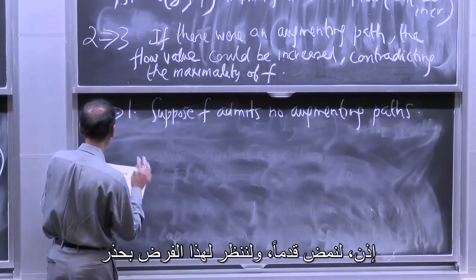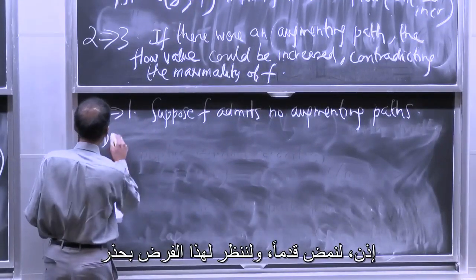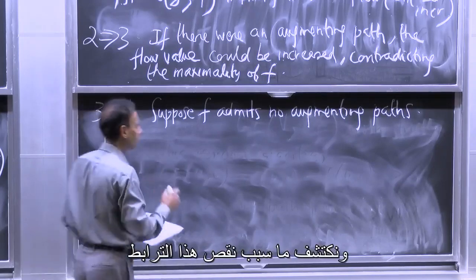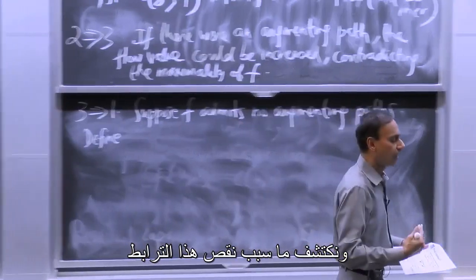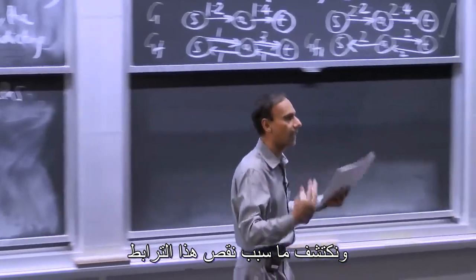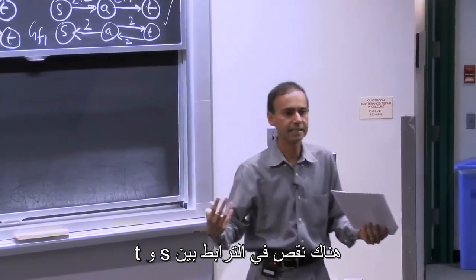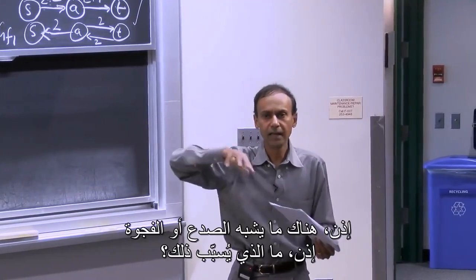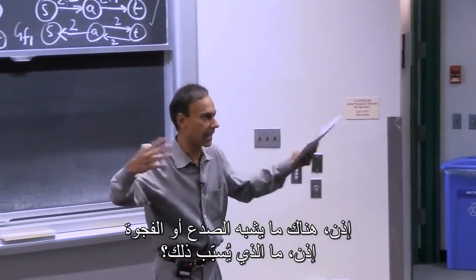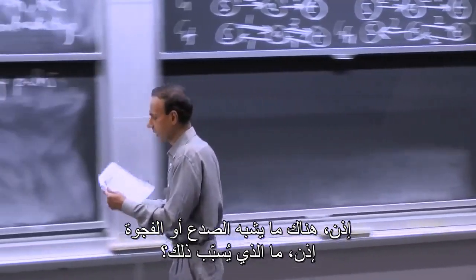So let's look at this a little more carefully and figure out what's causing this lack of connectivity. There's a lack of connectivity between S and T. You can't actually get there. There's like a chasm, a gap. And so what's causing that?